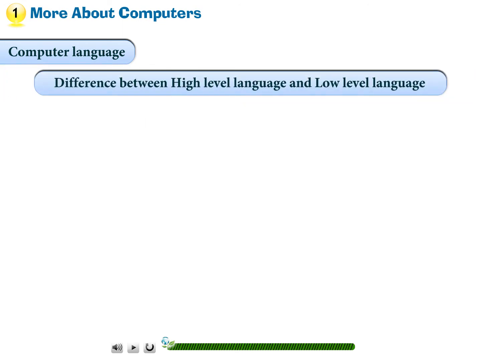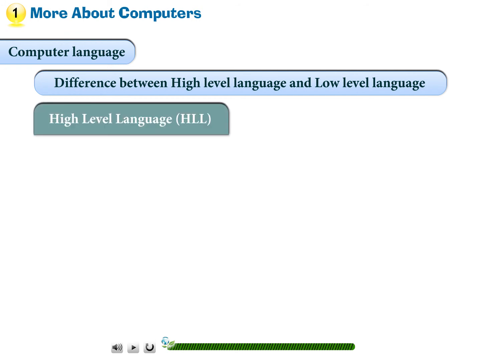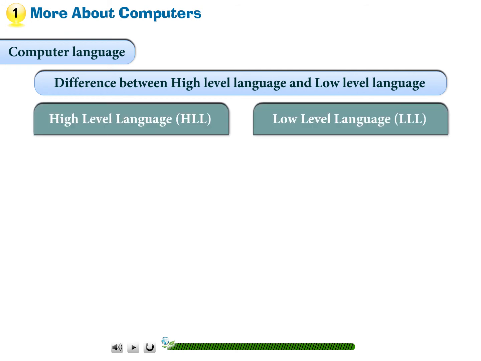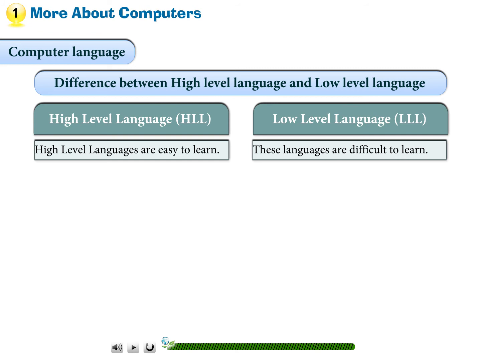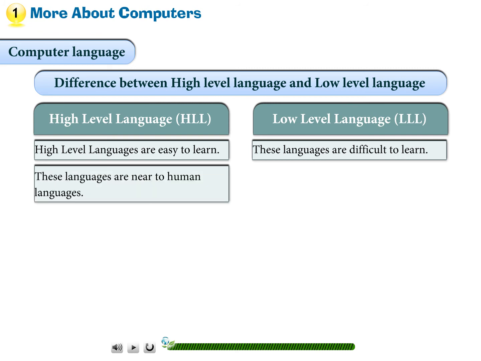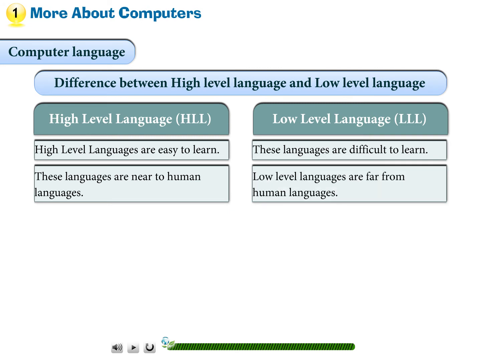Difference between high-level language and low-level language. High-level language, HLL: high-level languages are easy to learn. These languages are near to human languages.